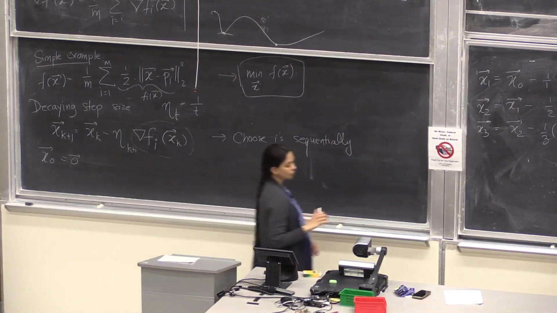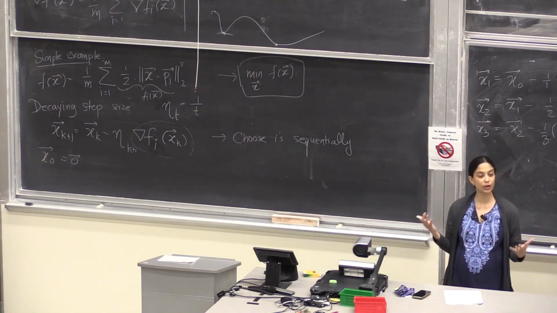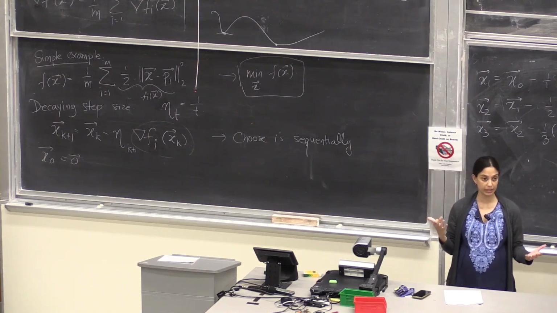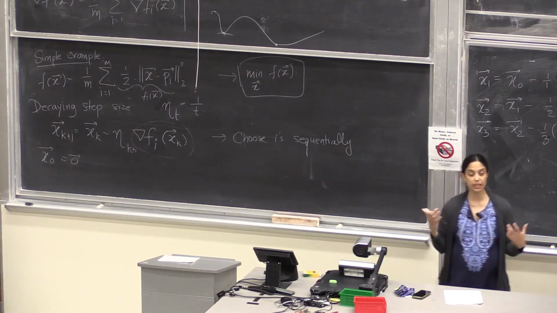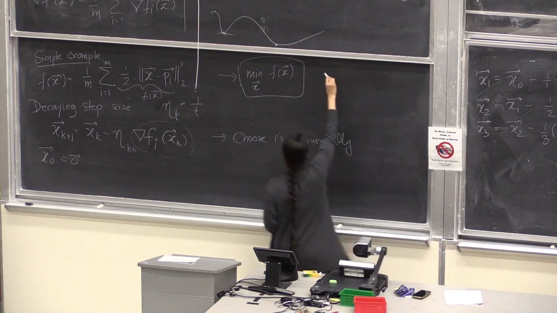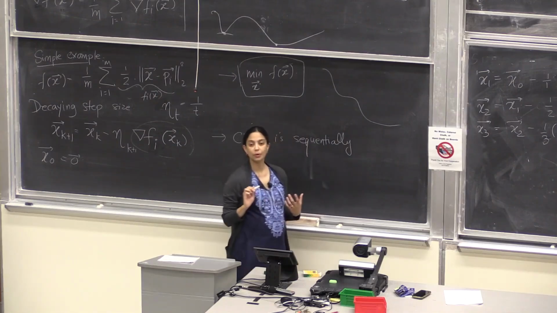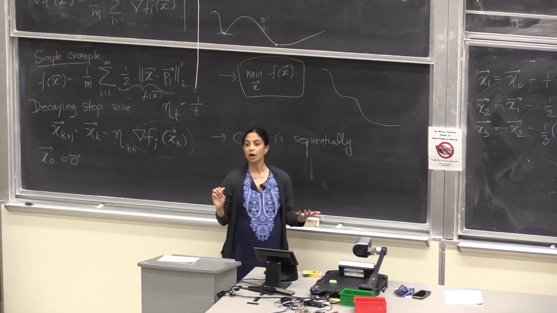The question is, why do we have to use a decaying step size for SGD, but we don't have to use one for gradient descent? The fundamental thing is that when we're doing gradient descent, what do I know about gradients and minima?